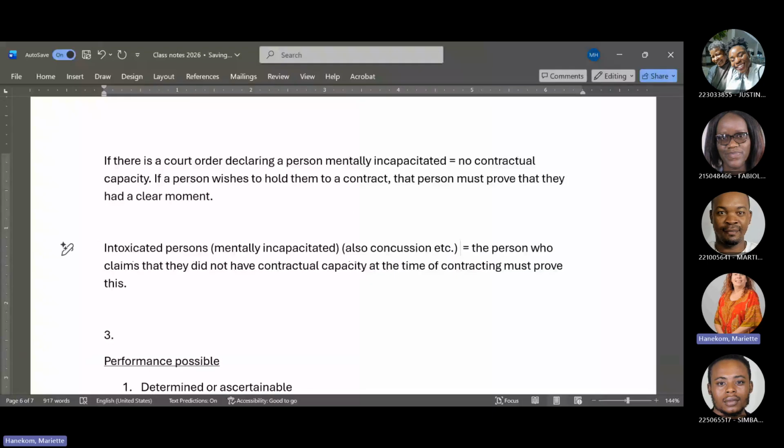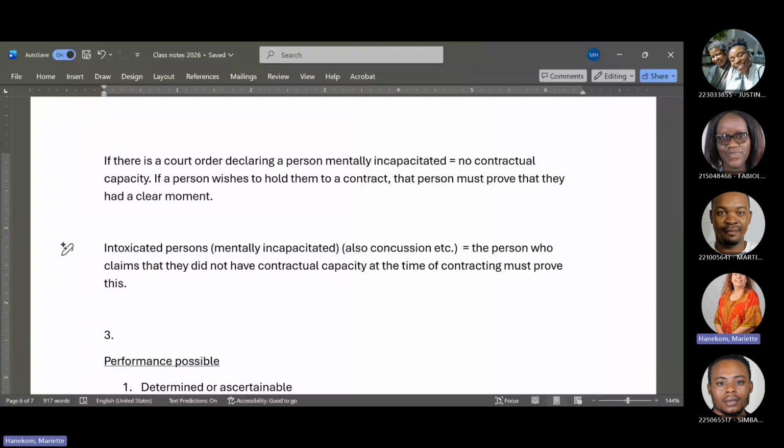Seeing that you are studying sports management, you all come from a sporting background. So if there are factors that affect your contractual capacity, affect your ability to understand the consequences, it could be that the contract is void.